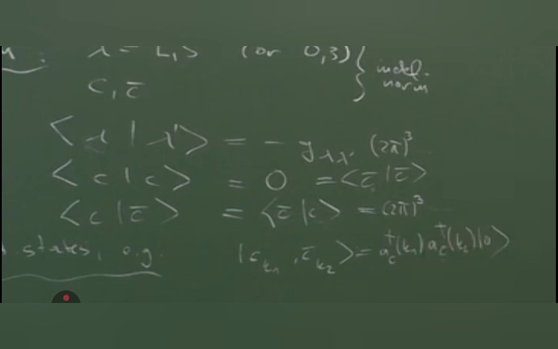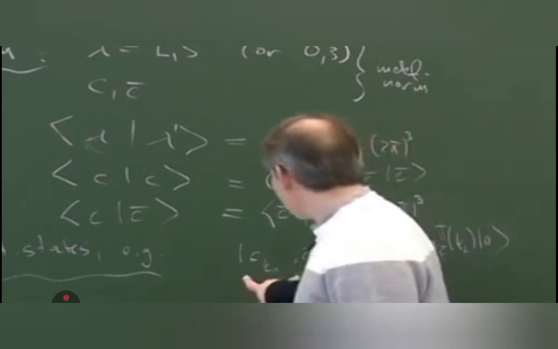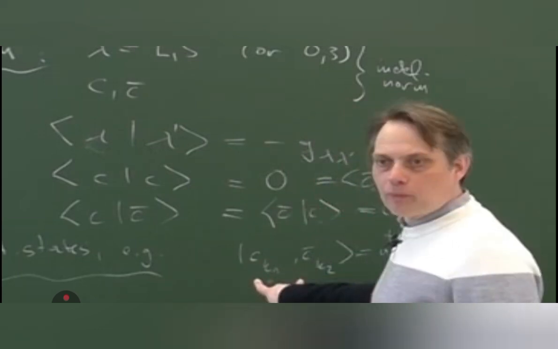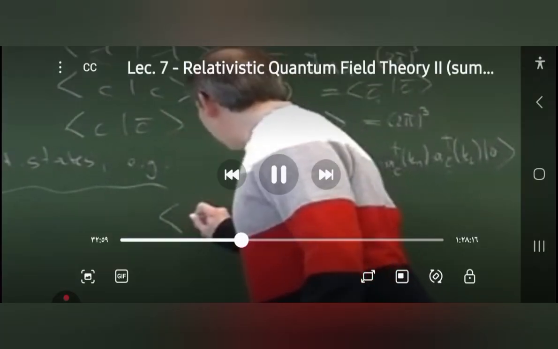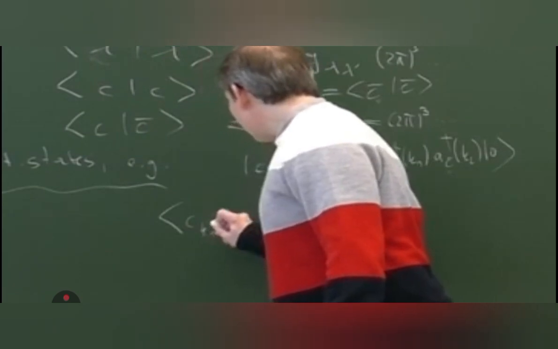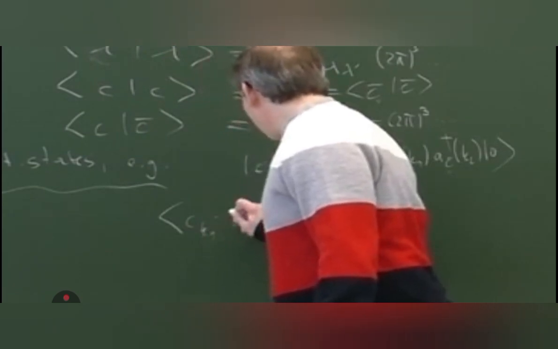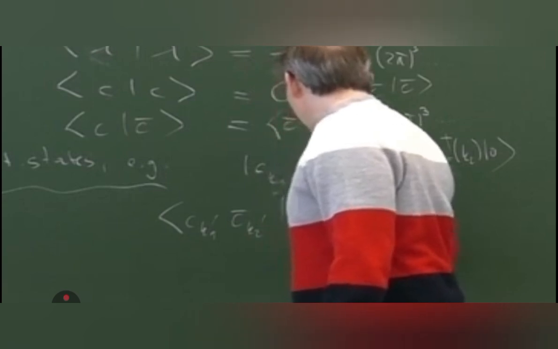So the state here is defined with this order of the creation operators, and then this fixes the absolute sign of the state. And now let us calculate the norm of exactly this state as it is defined here, namely the scalar product. Let's say K1 prime, C bar, K2 prime with CK1, C bar, K2.